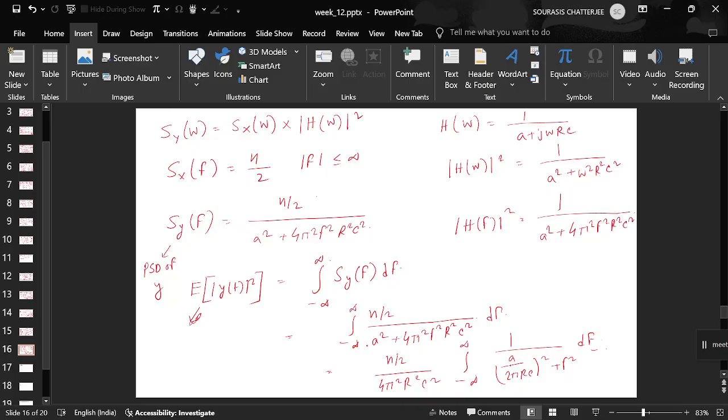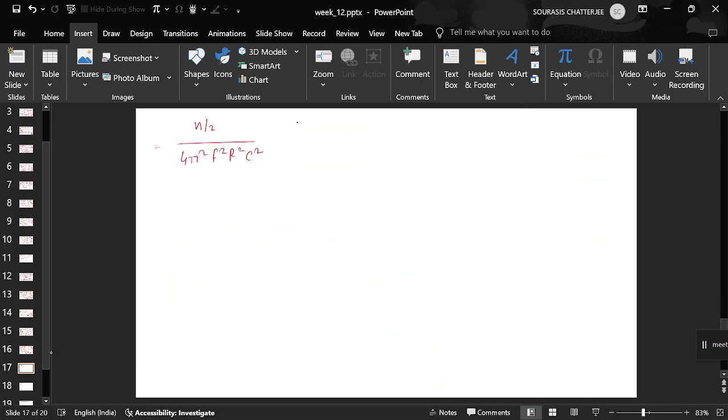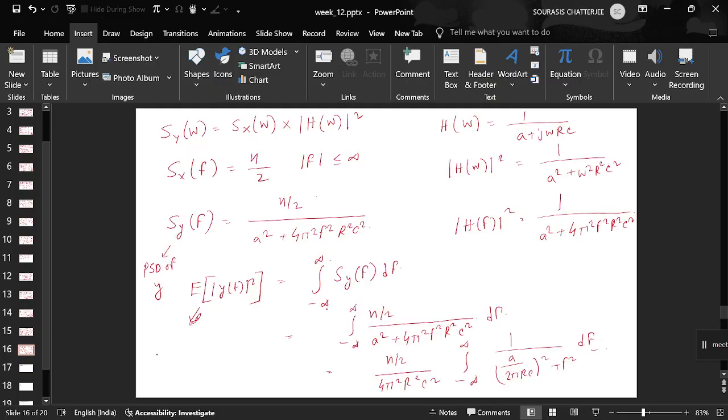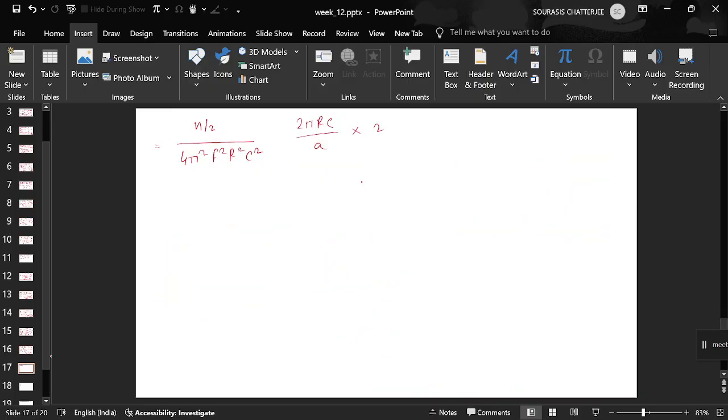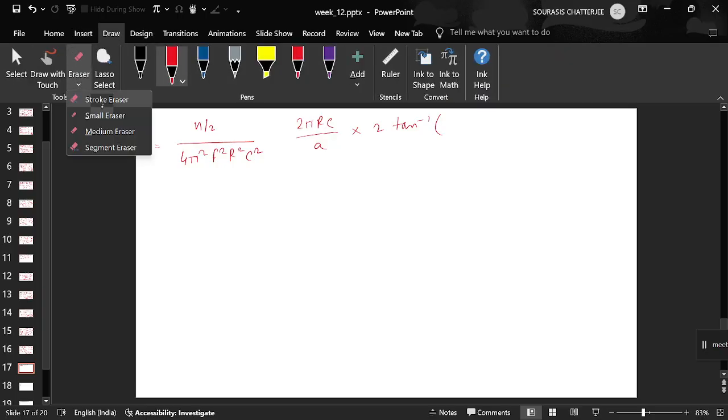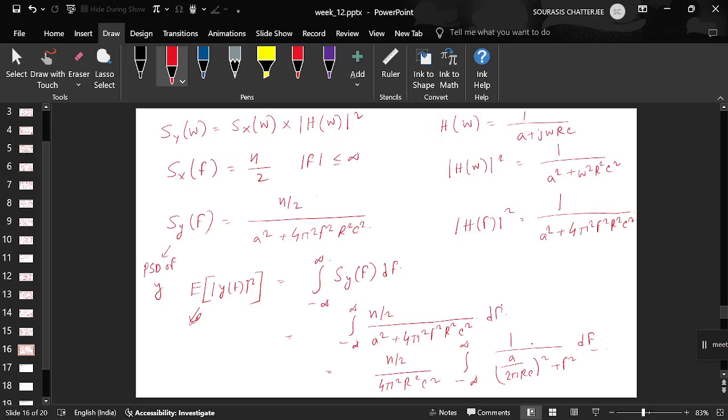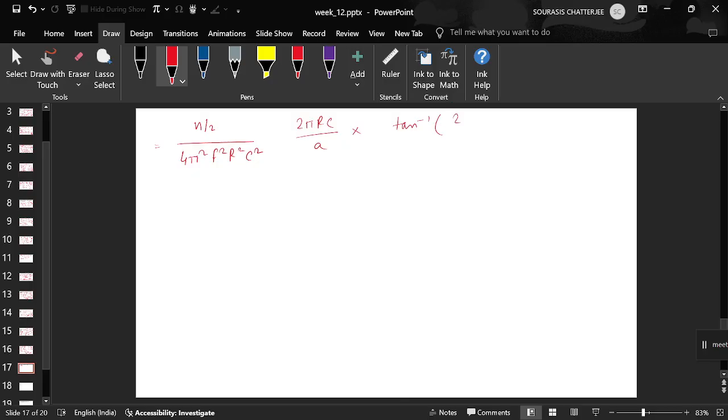We have 1 over a here, so that is 2 pi RC over a, times tan inverse of f over 2 pi RC, from minus infinity to infinity.